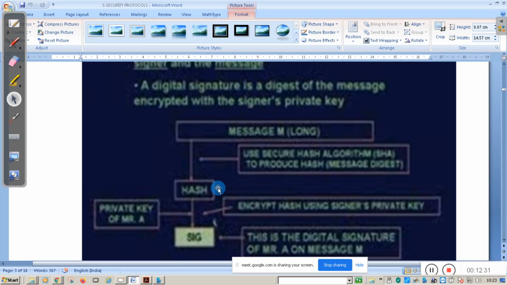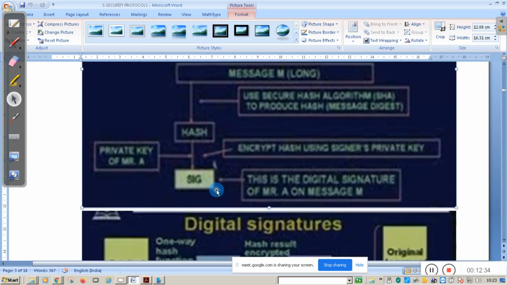Once the hash value is there, the sender will use his private key. He will append the hash value to the message, and encrypt the message with the hash value using the private key of the sender, and send that to the receiver.